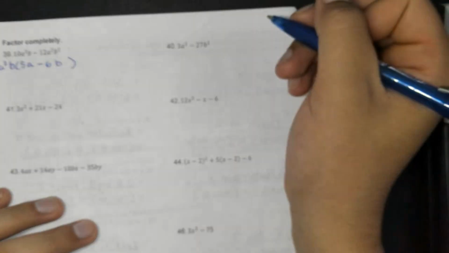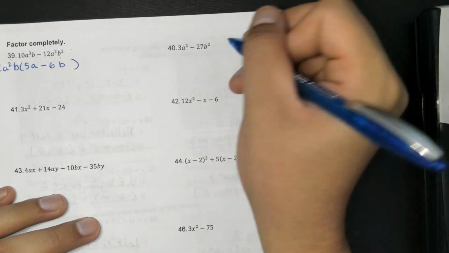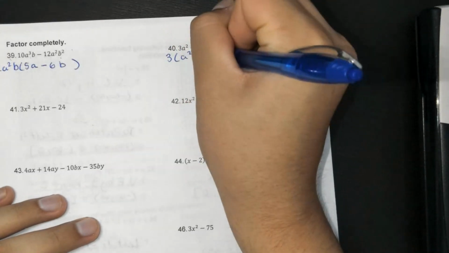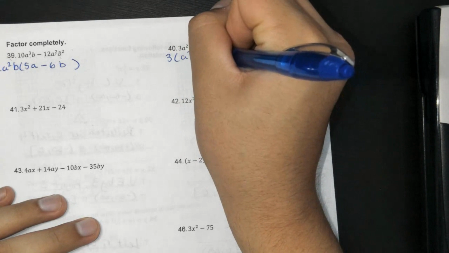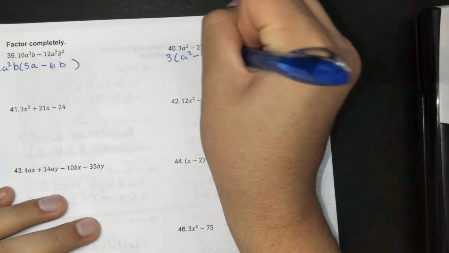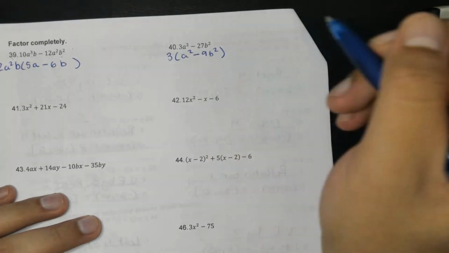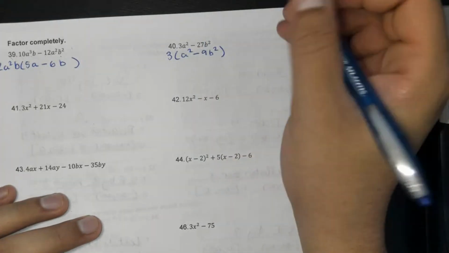Alright, so let's check the GCF on this one. Here we could take out just the 3, which leaves us with a squared minus 9b squared. Right, then this is a difference of squares. These are two perfect squares separated with a minus.